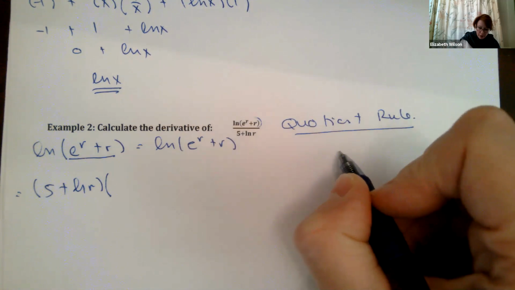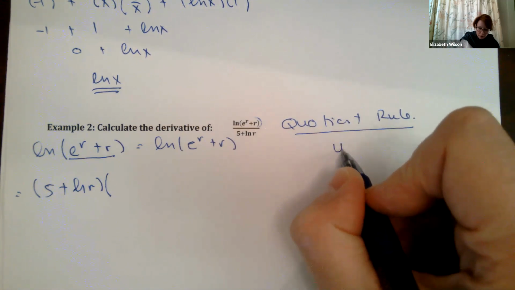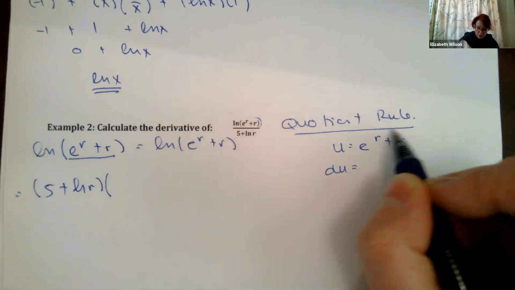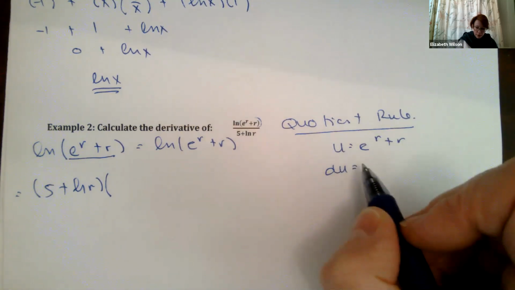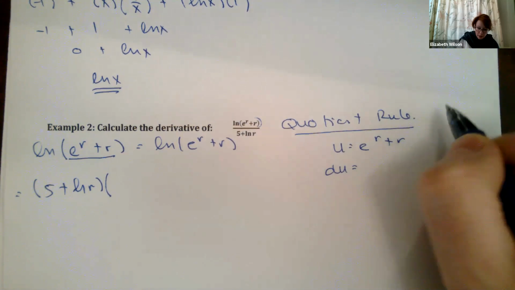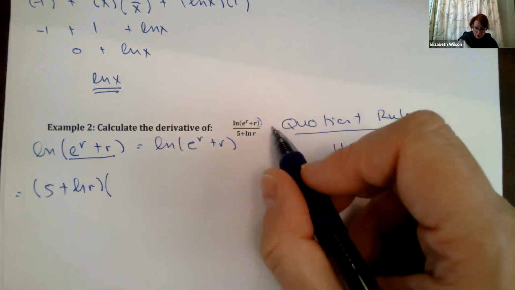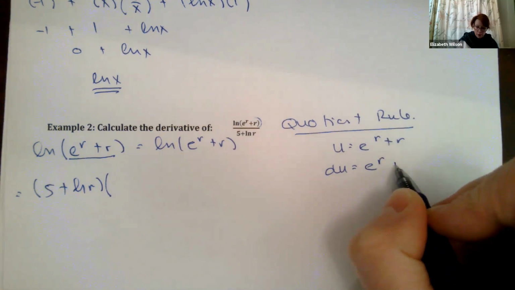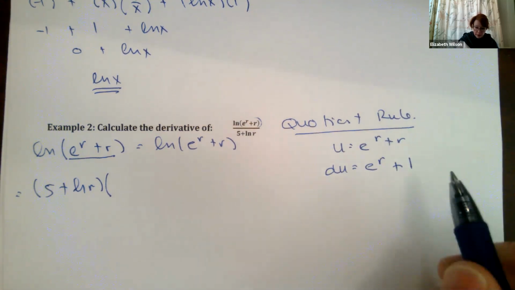So if I say u equals e to the r plus r, du equals, I have to take the derivative of this, right? I'm taking the function with respect to r. So it's going to be e to the r plus 1. Okay, so that's what I need to think about.